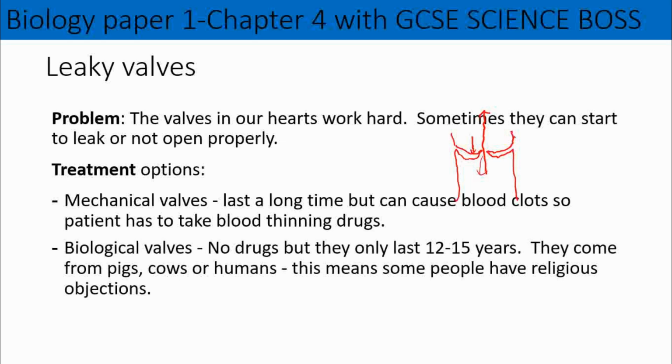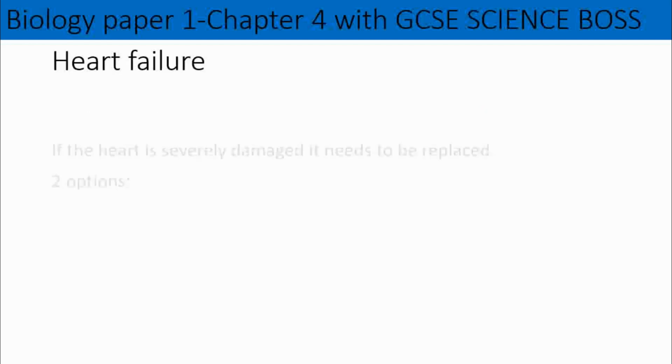You take the valve from cows or pigs or humans, and it is given to the person with that leaky valve. It doesn't last as long as the mechanical valve, and lots of people don't want this because of religious objections. Some religions don't deal with pigs or cows, so they would not want those to be fitted.